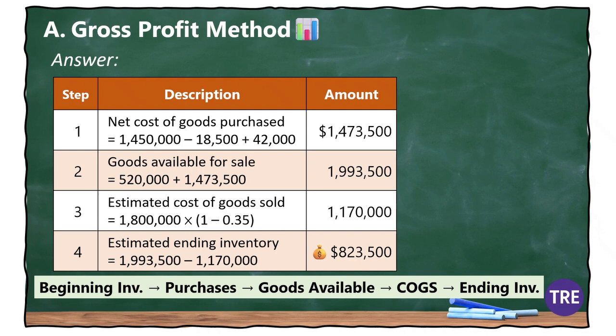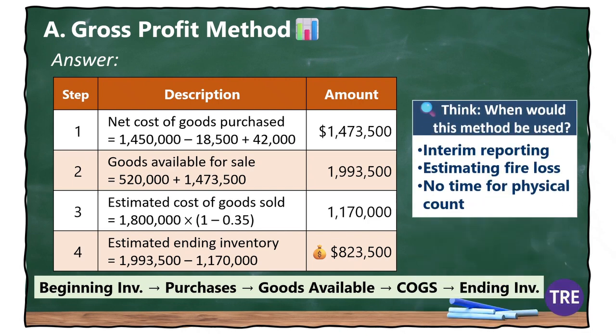Then, instead of using actual data, we estimate the cost of goods sold using the company's average gross profit rate. Finally, we subtract that estimated cost of goods sold from total goods available, and what remains is the estimated ending inventory. In short, this method converts sales information into an inventory estimate by applying a historical profit margin, making it useful for quick reports or when a physical count isn't possible.